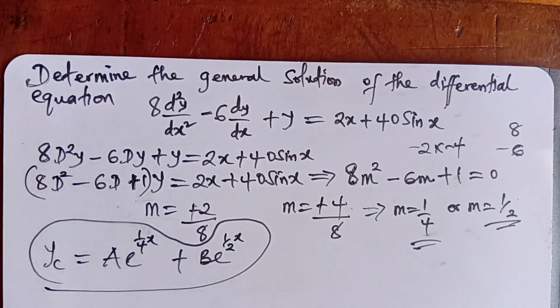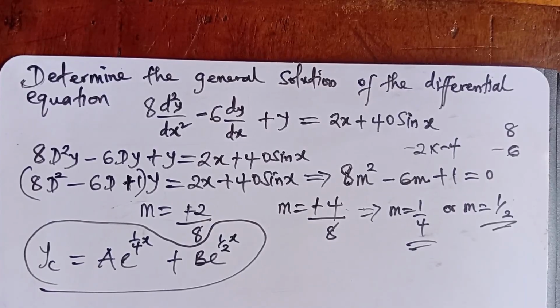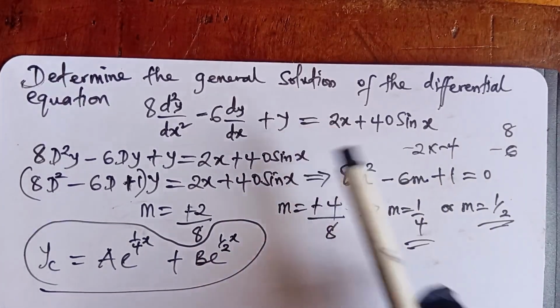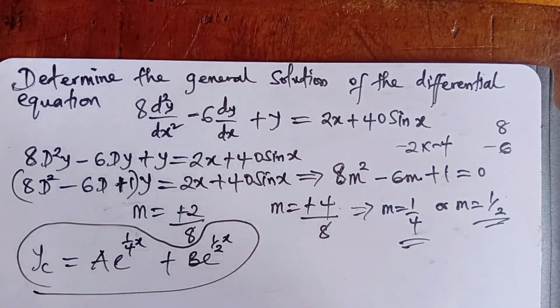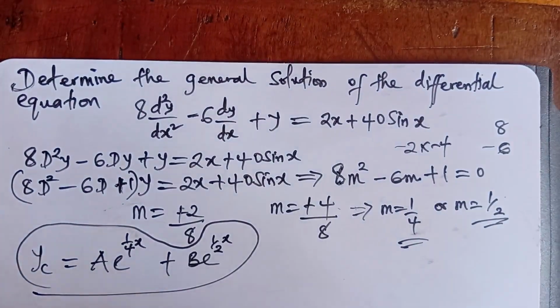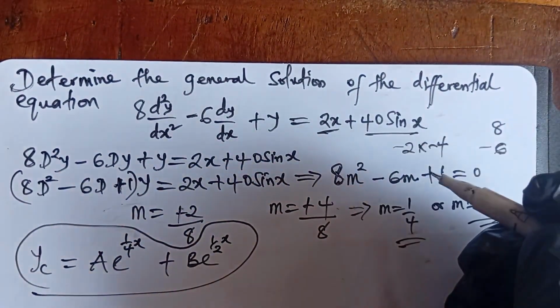integral. On the right hand side we have a sum: 2x plus 40 sine x. So I'll be choosing two separate functions for this particular integral because I have the sum of two functions here. 2x is algebraic, 40 sine x is trigonometric.